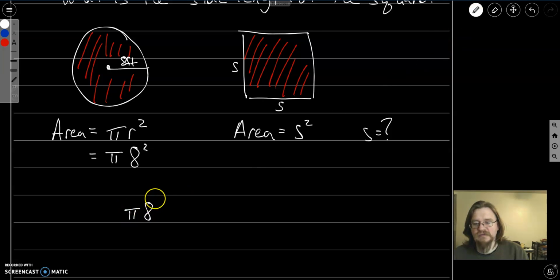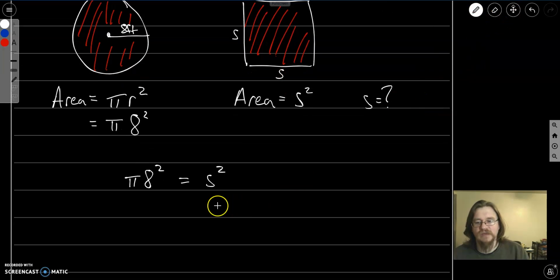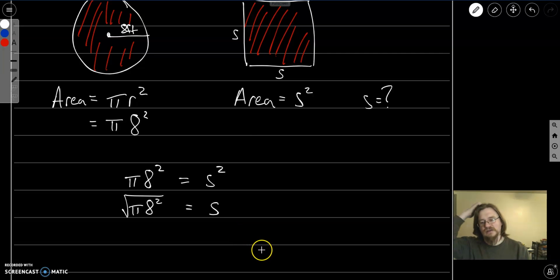So pi times 8 squared, which is the area of the circle, has to be equal to S squared. So how do I undo a square? Well, I can simply take the square root of both sides, and we're done. So S is going to be the square root of pi times 8 squared. And that's it. This is the entire question.